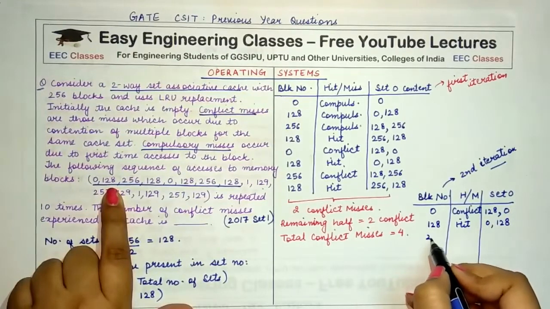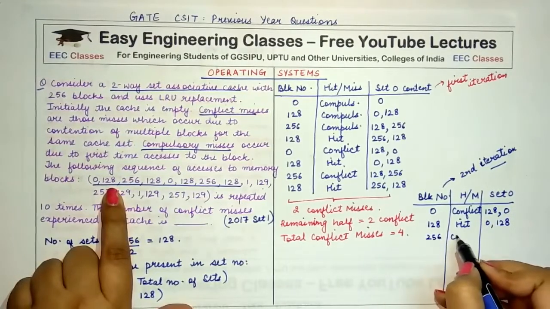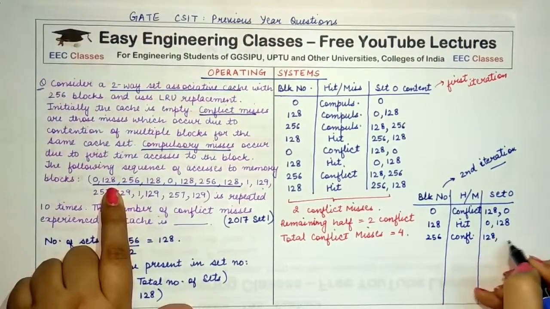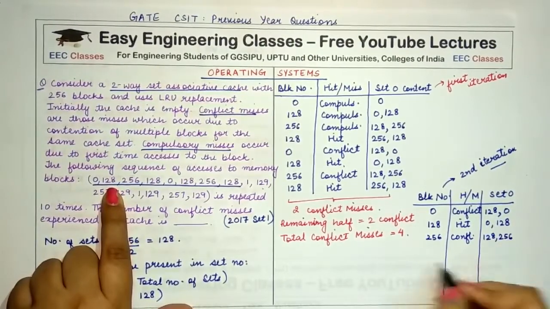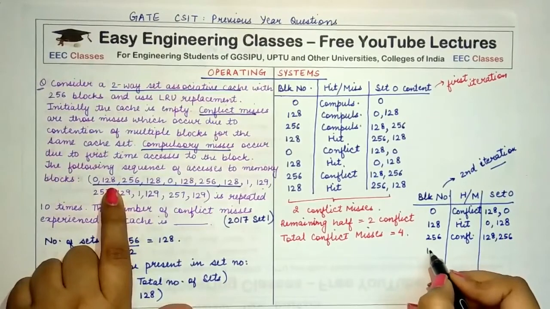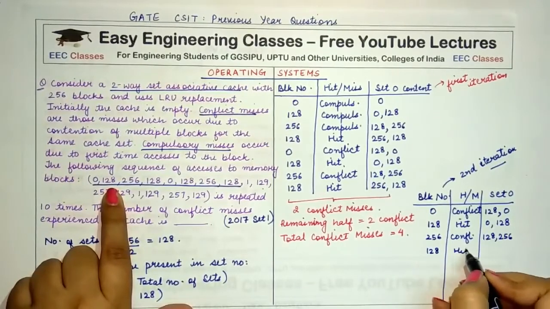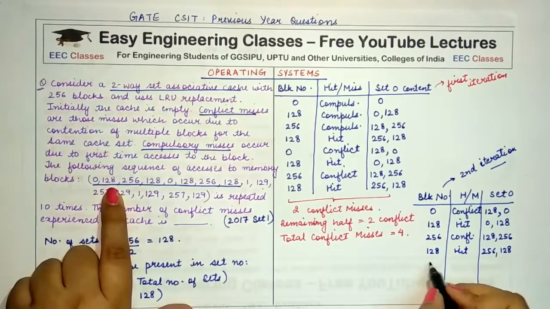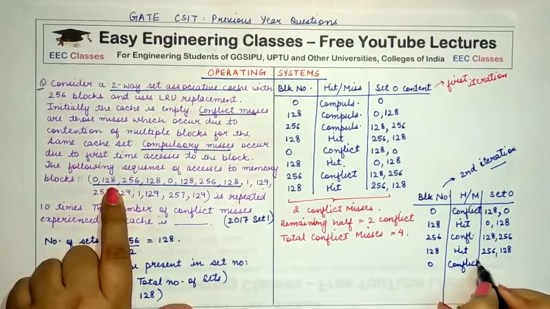Then comes 256, 256 is a conflict miss. Alright, conflict miss, the contents are like this. Then comes 128, 128 is a hit, 256 and 128. Then comes 0, 0 is a conflict miss, the contents change again.